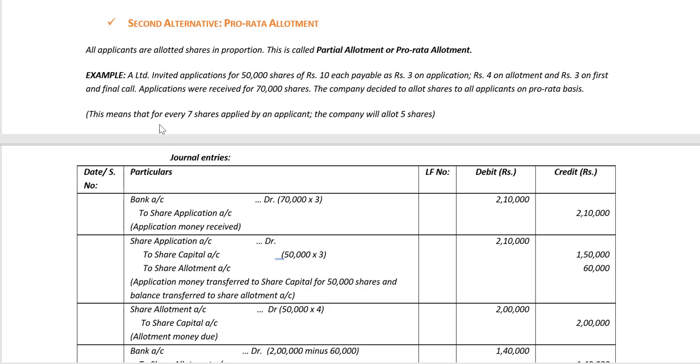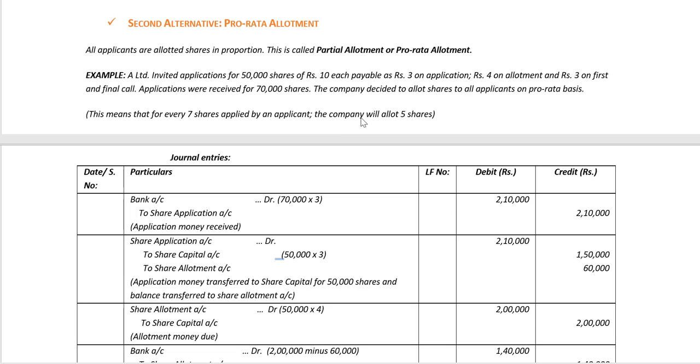So this means that for every 7 shares applied by an applicant, the company will allot 5 shares. So each and every applicant will get shares, and for every 7 shares applied by the applicant, the company will allot 5 shares.